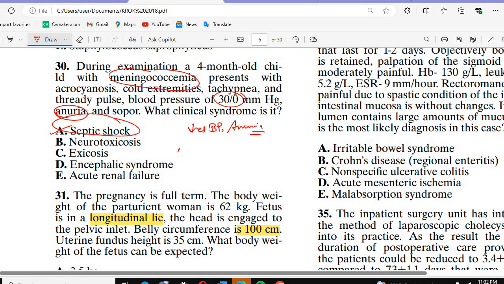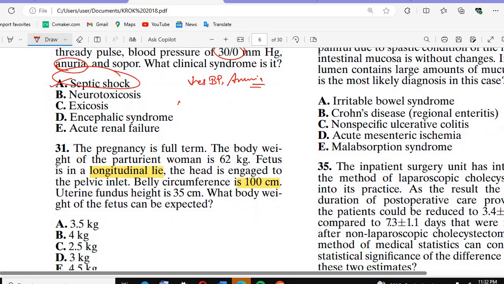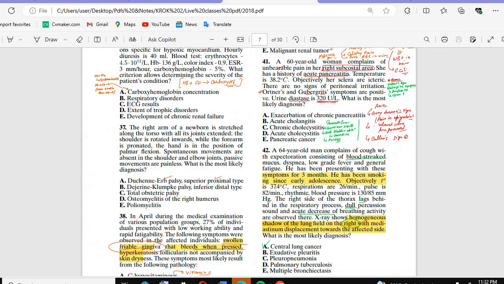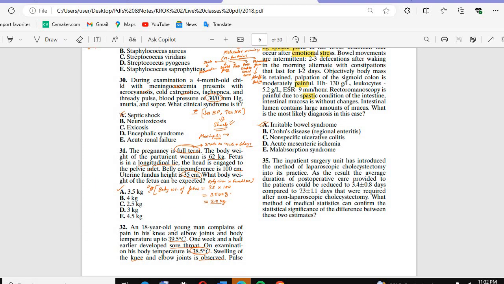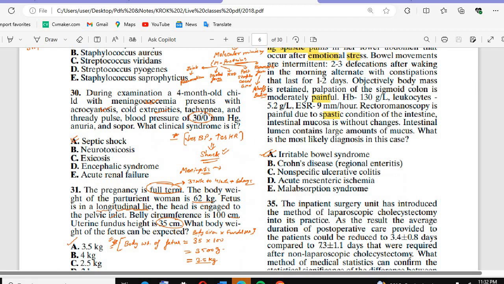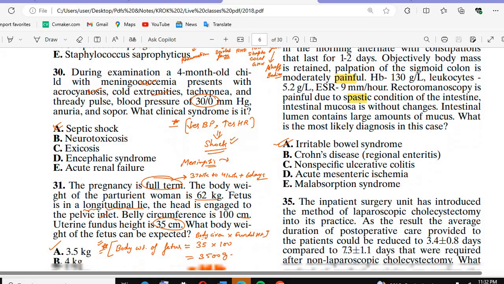Then in question number 31, how will you calculate the weight? For calculating, remember we have the formula.